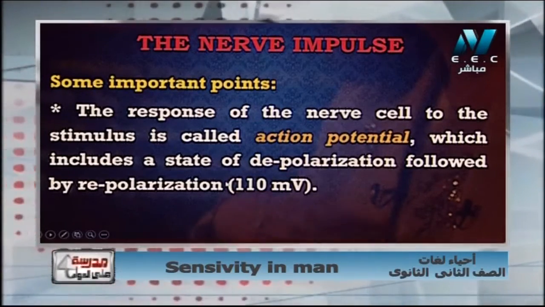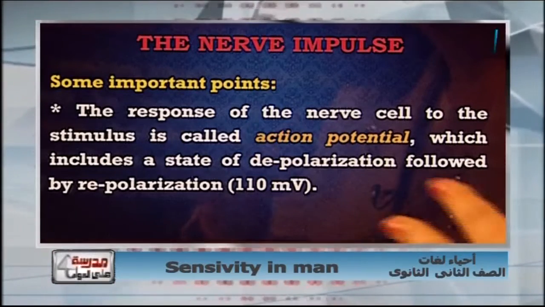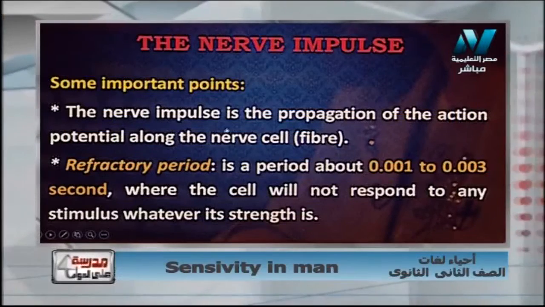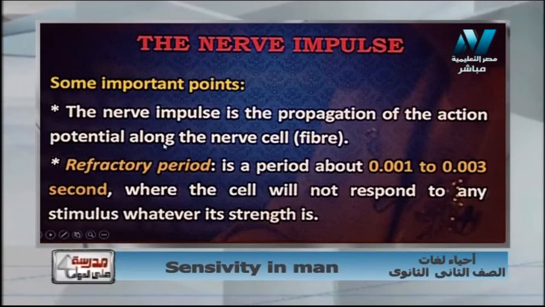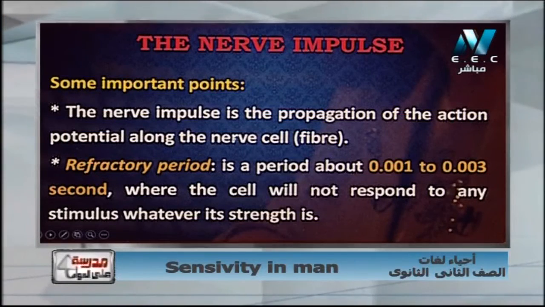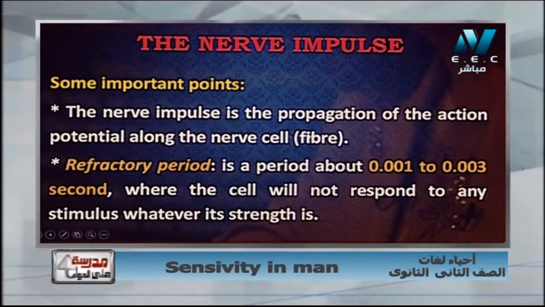And it ranges between negative 70 millivolts to positive 40 millivolts. That means 110 millivolts. The nerve impulse is the propagation of the action potential along the nerve cell or the nerve fiber, that is the axon.